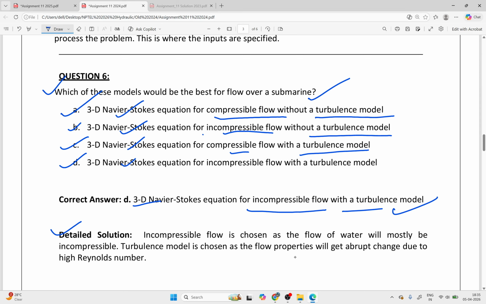Incompressible flow is chosen as the flow of water will mostly be incompressible. Turbulence model is chosen as the flow properties will get abrupt change due to high Reynolds number. Okay, so let me just move to the next question.